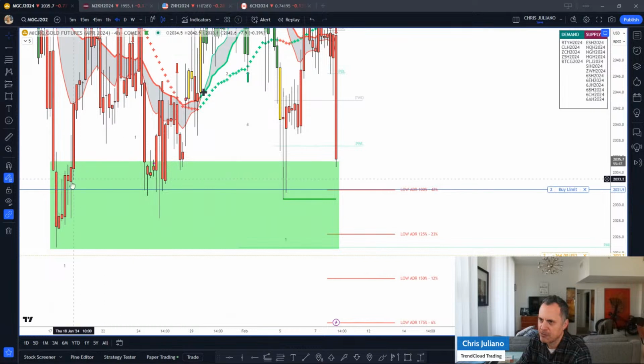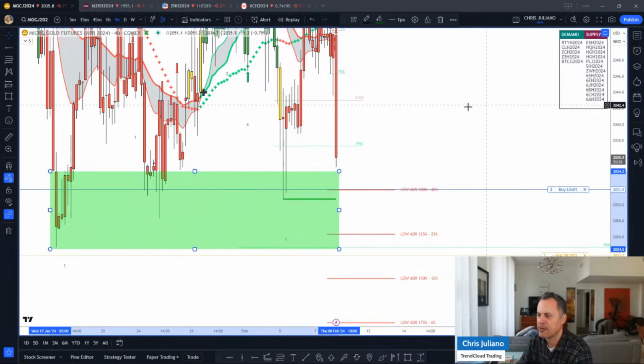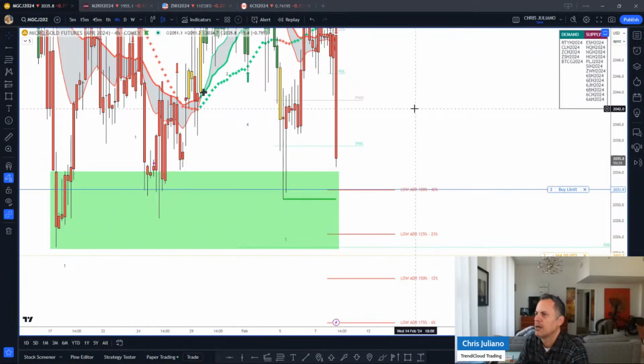So it is coming into the general area here. There's no real science to this. We can draw it like that. We can take the body of this candle here because that's where value is, okay? The body of the pivot candle, we'll put it on that. But we've already ripped through previous day's low, previous week's open, previous week's low. We've ripped through all of that. So the fact that this is going to go down even more, it's pretty good.